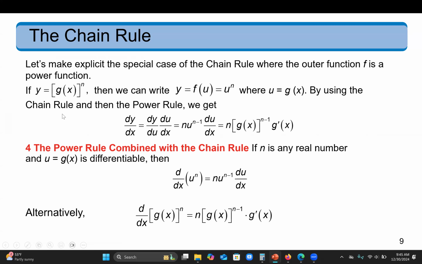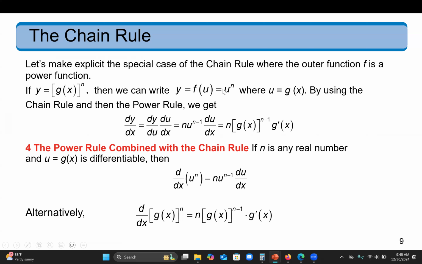Next, as we said earlier, the power rule. Let's say we have y equals g(x) to the power n. We can substitute f(u) with u to the power n, so here u is g(x). Now, using the chain rule formula, we get dy/dx equals dy/du times du/dx.